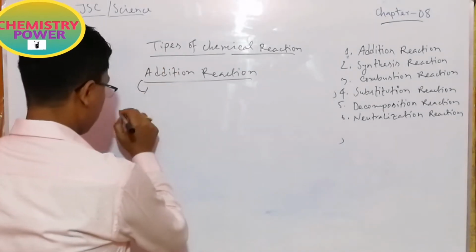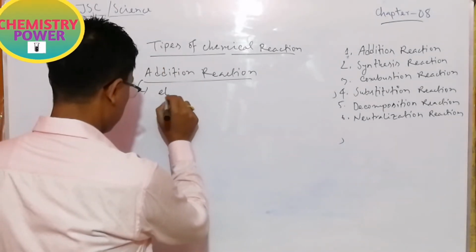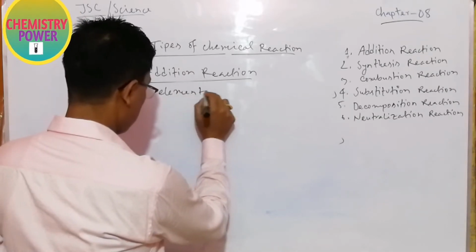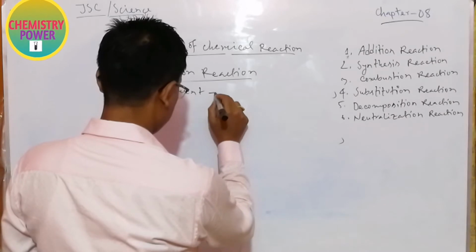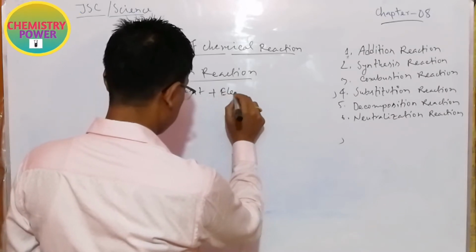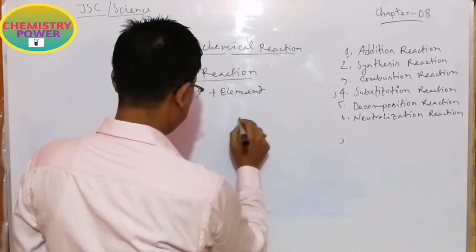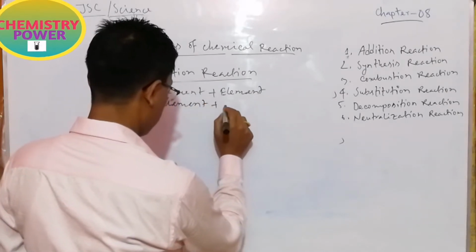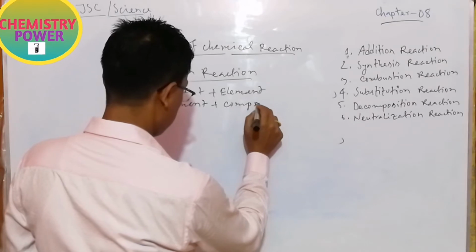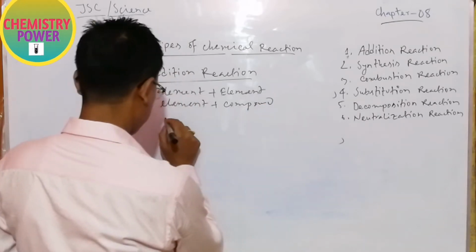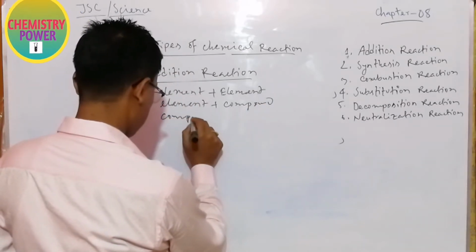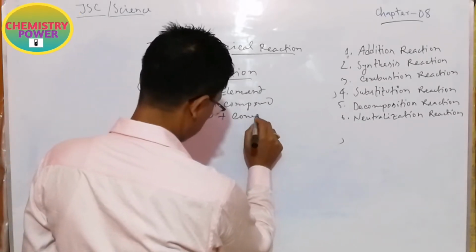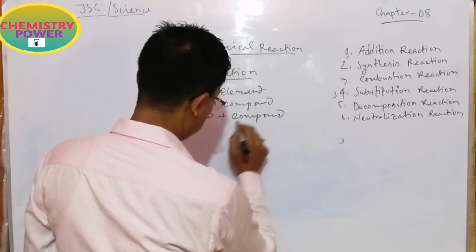So we can say addition reaction can occur by the combination of element plus element, element plus compound, or compound plus compound.